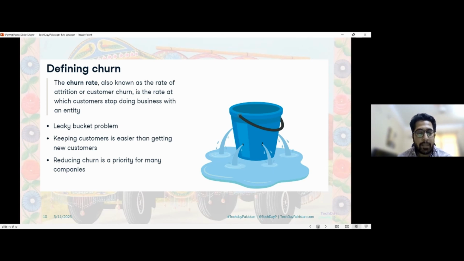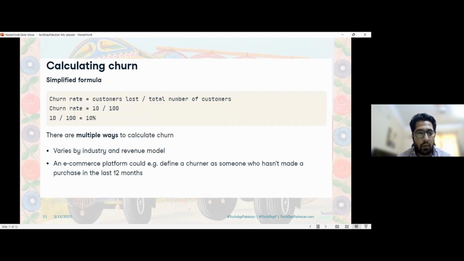Moving on, what is important is to understand how you calculate it. There's always a conceptual understanding, but then there's also a numerical or financial reasoning to that. That happens by looking at how many customers are being lost versus the total customers.